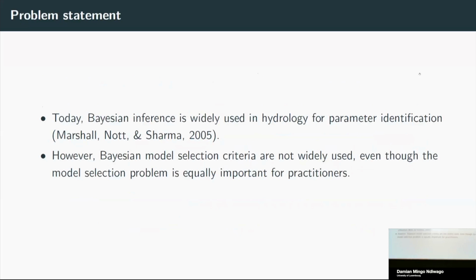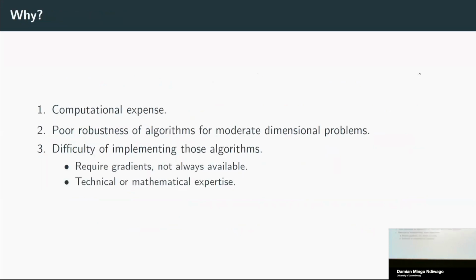And some of the reasons in literature is partly because the full Bayesian approach for model selection involves thousands of likelihood evaluations for a moderate number of parameters. And so the computational expense is huge. And then even though algorithms like the random walk Metropolis are very successful, for models where the parameters are highly correlated, they perform very poorly, so they are not that robust.